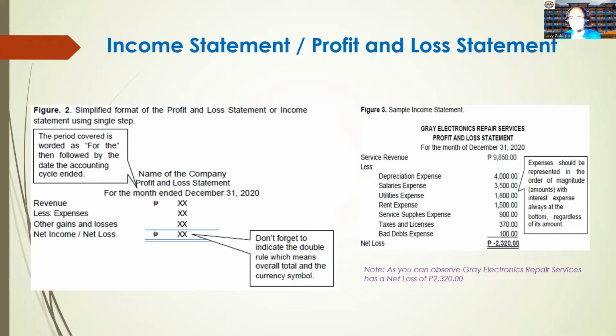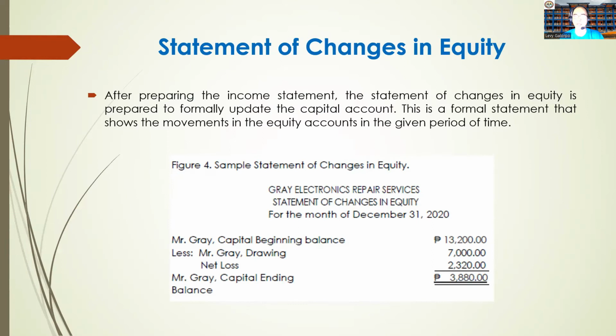Depreciation expense, salaries expense, utilities expense, rent expense, service expense, taxes and licenses, bad debts expense. Ito kasi yung mga na-encounter nating account titles doon kay Gray Electronics last week. At ang result ng operation na ito ay net loss. Ibig sabihin, lugi pa sila ng 2,320.